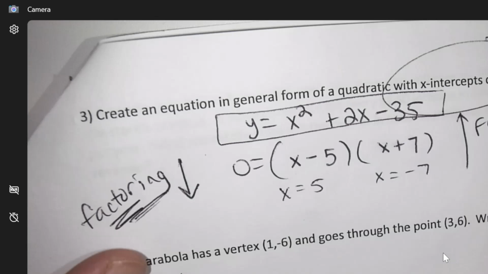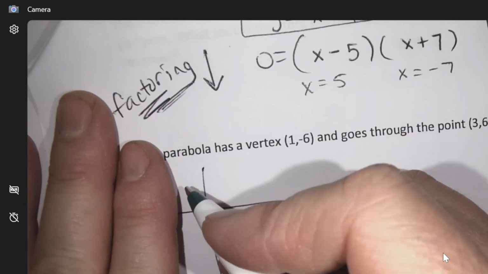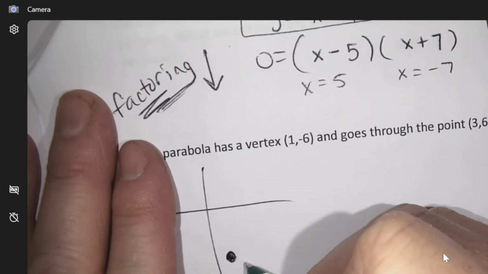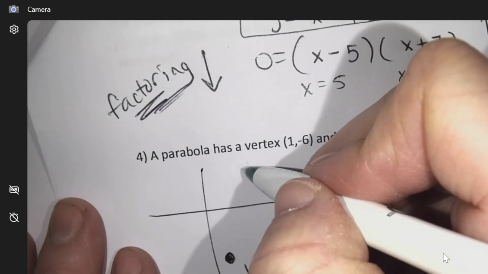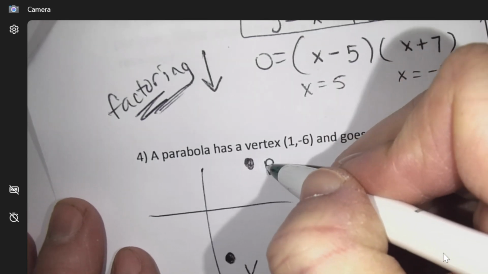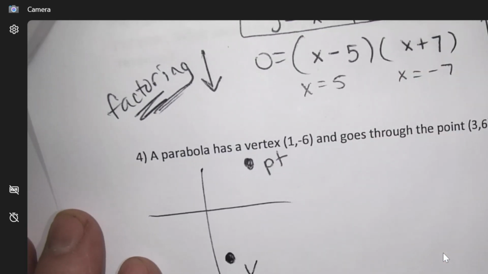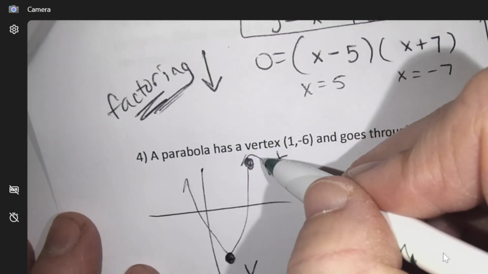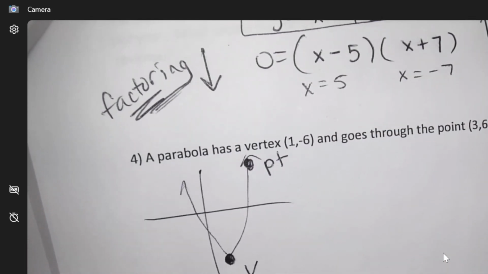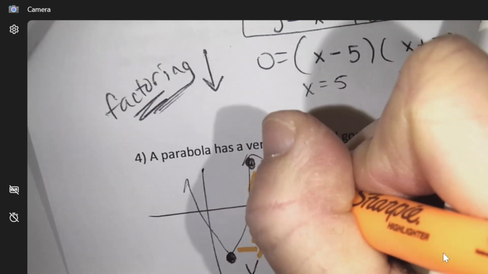Okay, so we have a parabola on this one that goes from the vertex 1, negative 6. And then there's a point at 3, 6. So therefore, I must be doing like that, opening upward. Okay, so I need you to figure out your movement.